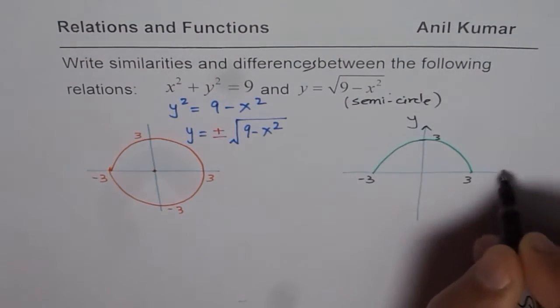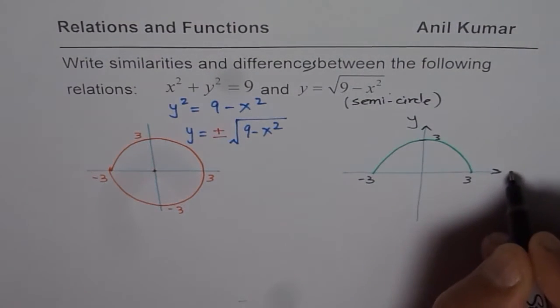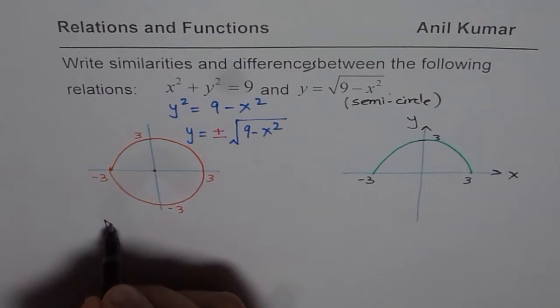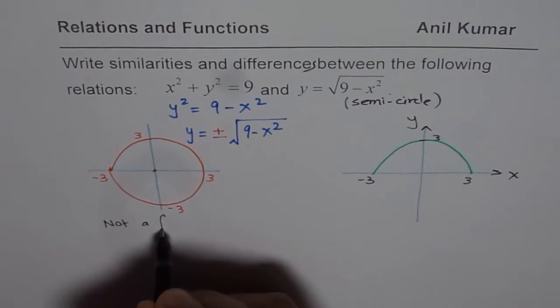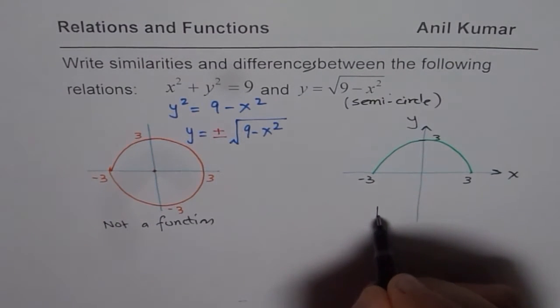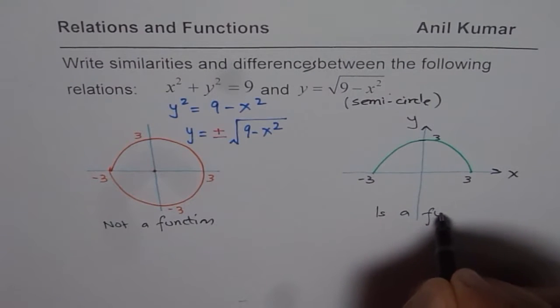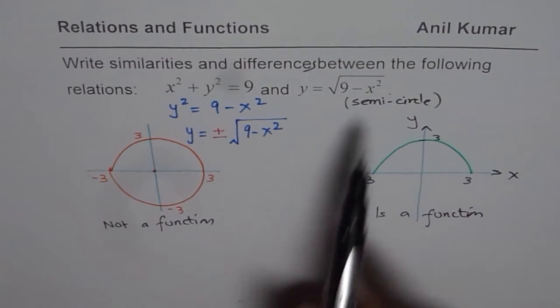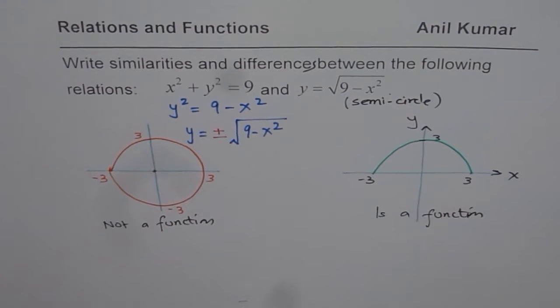So this is the relation which is also a function. Now as you can see, this relation is not a function, but this relation is a function. So that becomes a major difference between the given relations.